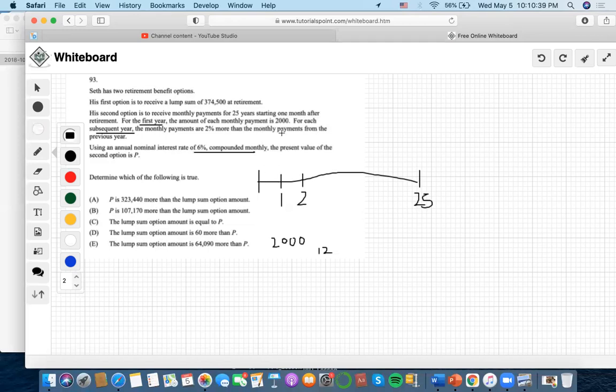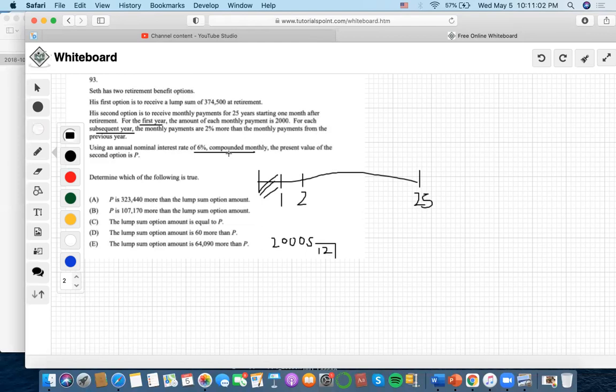So instead of just doing this incrementally monthly, let's just sum it up and make it yearly. So let's first, it says 2% more than the monthly payment. So that calls for an accumulation of monthly payments for the first year. So we're going to do 2000 s angle 12 payments.